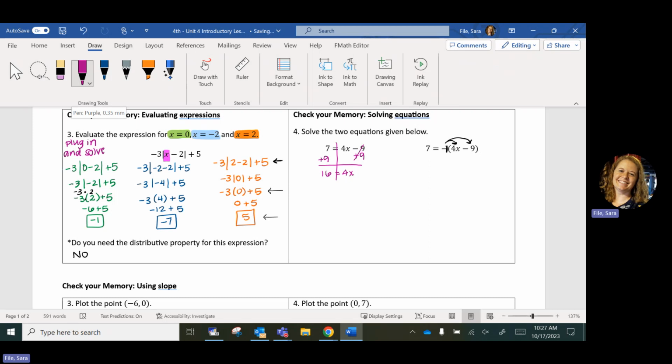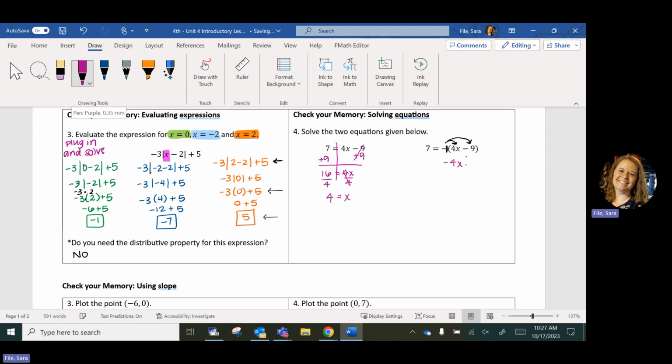And then what do I do to get rid of the 4? Yeah, because right now it's 4 times x. So the opposite operation is to divide. And what I do to one side, I do to the other. That reduces to just a 1x. And 16 divided by 4 is 4. So I'm going to do the same process over here, except first I have to do the distribution. So this is going to become -4x.